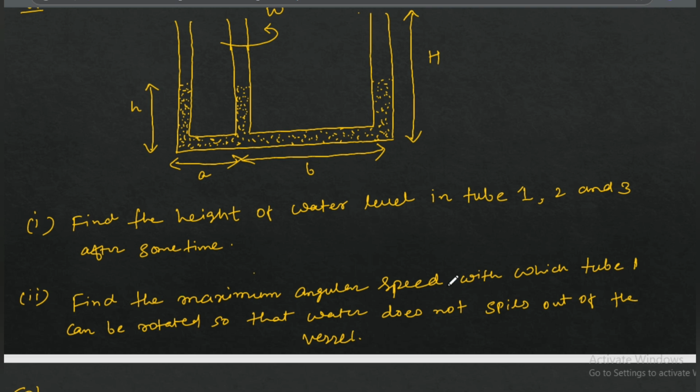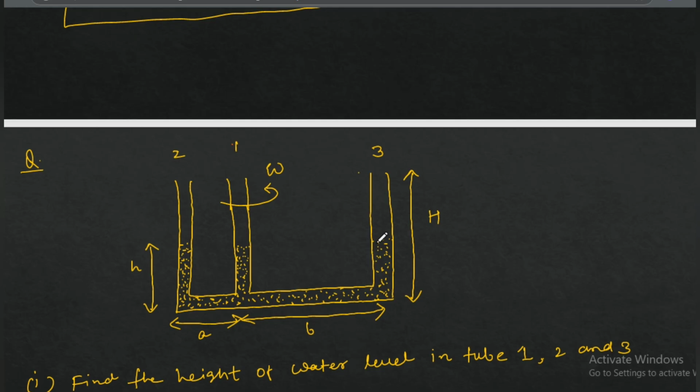Find the maximum angular speed with which the tube 1 can be rotated so that the water does not spill out of the vessel. Means the maximum omega. When omega increases, the water in the first tube will decrease and the water level in the third and second will increase.